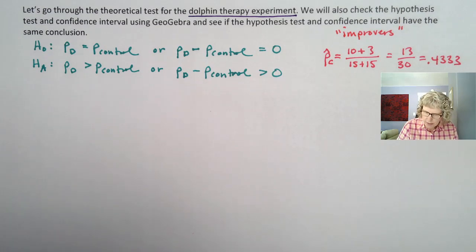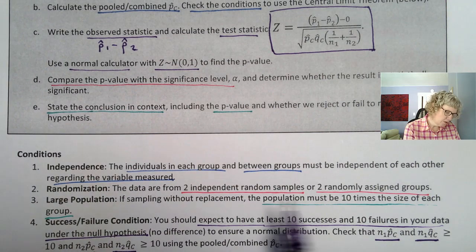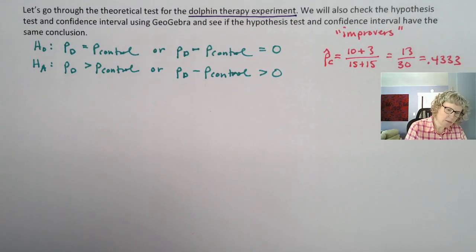Okay, so let's write out the conditions, and I have my sheet right here. So individuals in each group and between groups must be independent of each other regarding the variable measured. So let's write about that.